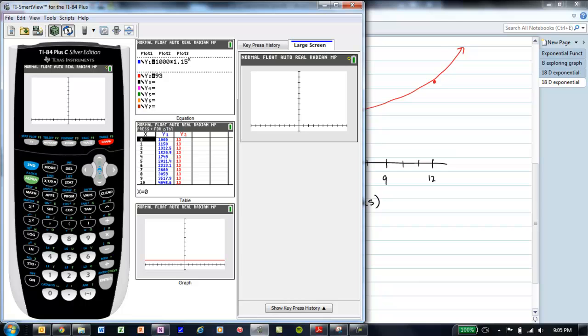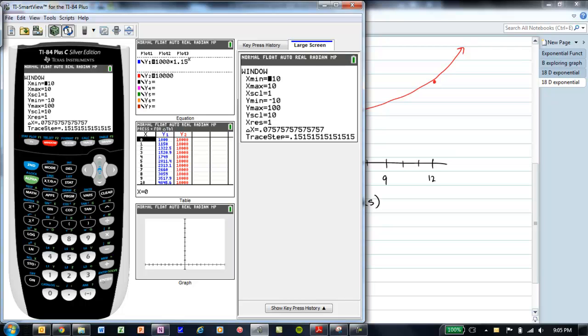It's a pretty slim chance I'm going to be able to see them, given that we need to go up to 10,000. So I'm going to change my window. X min, X max, that's probably alright. So let's go to our Y's. We'll stay with -10, and then let's go to 20,000. And we'll count by thousands. And let's see if we can see our graph that way.